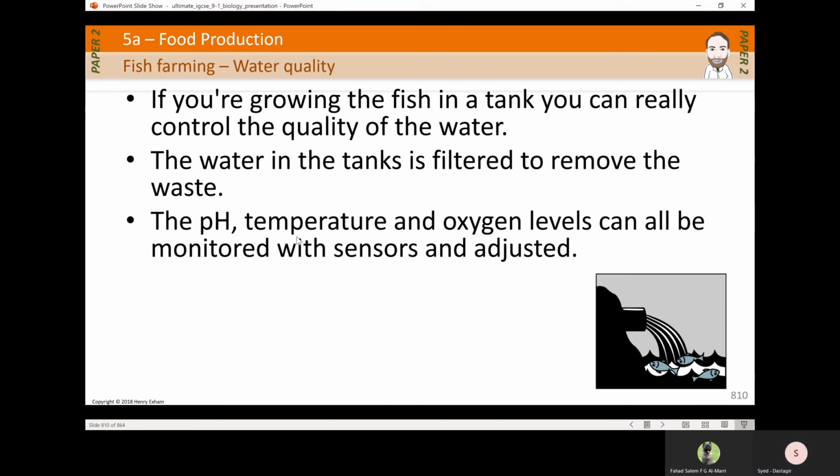So for example, in the pollution topic, remember acid rain? Caused by what? By pollution from factories, fossil fuels. What's the gas? Methane, I think.